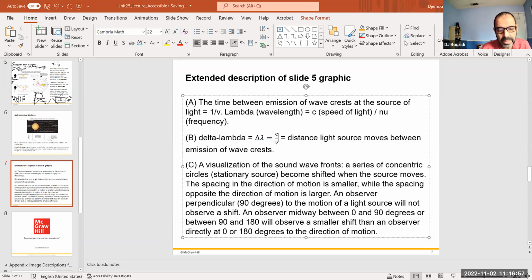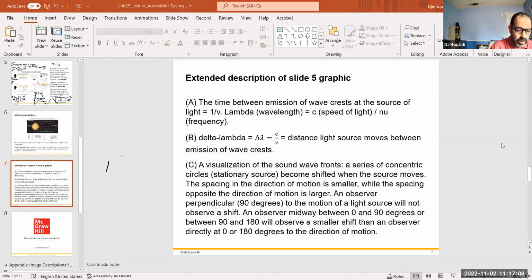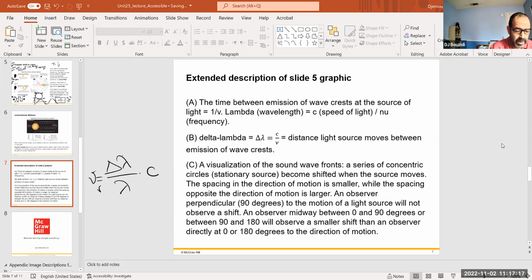Okay. So that's in a nutshell the formula that we're going to be using. For our problems, this is the entire unit, so we're not going to spend more time on it. Delta lambda over lambda times the speed of light is equal to the relative velocity.